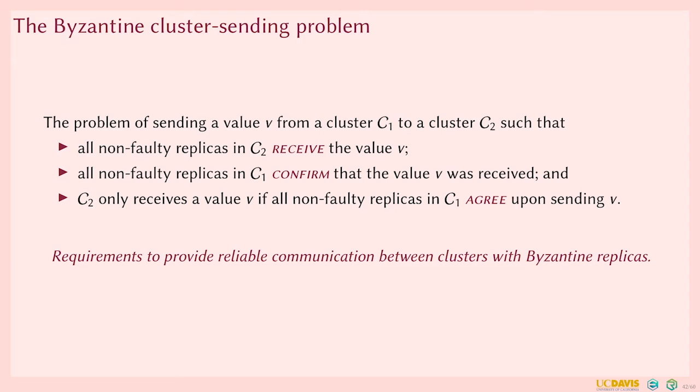So faulty replicas cannot impersonate or do something to convince the second cluster that a value was sent that they didn't agree on. And these are basically the main requirements one wants to have to provide reliable communication, even though some of the replicas that are involved in communication are faulty.